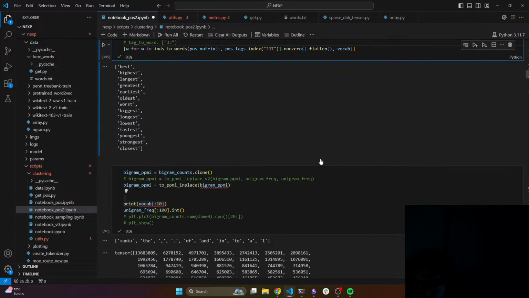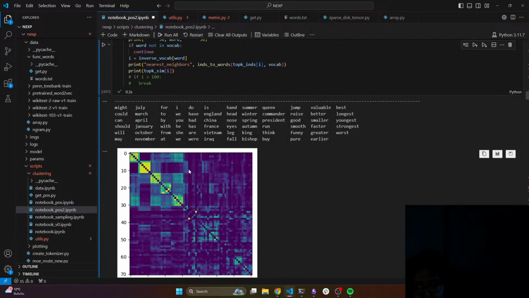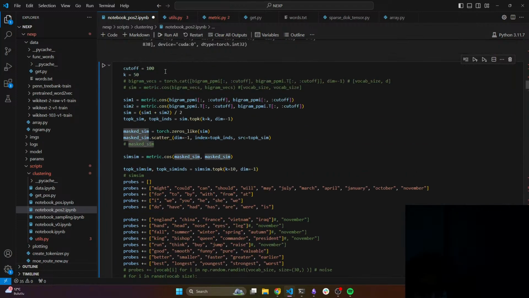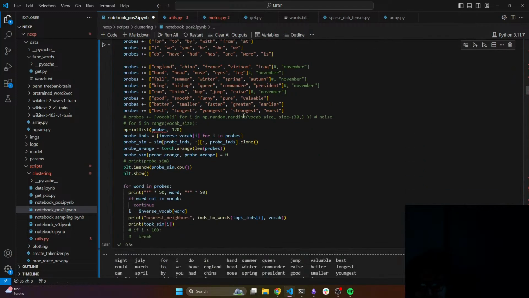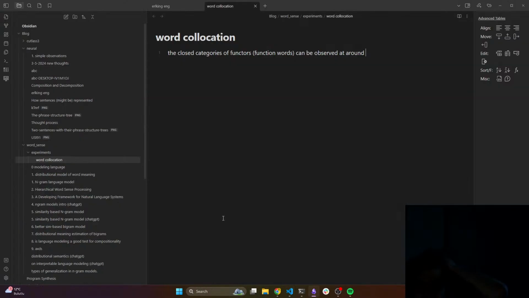These do not have any significant similarity with each other if you look at it.